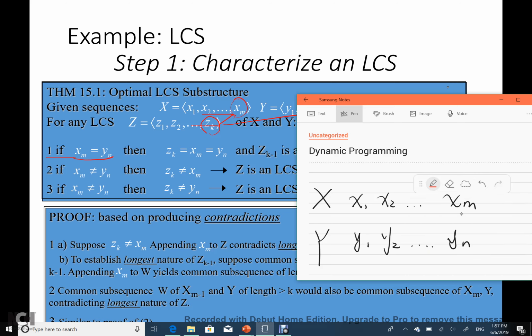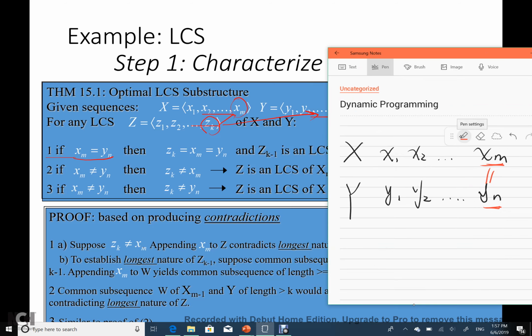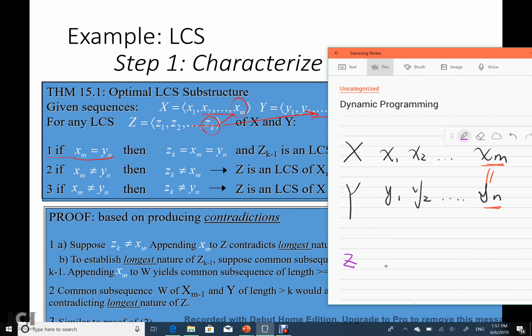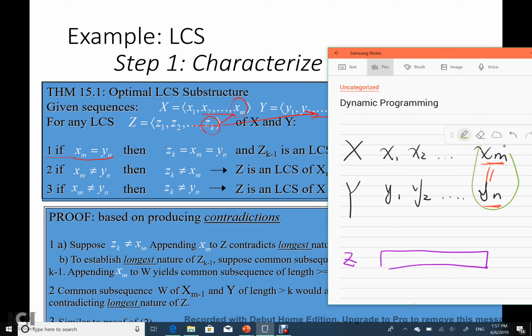Okay, so if xm and yn are equal, in that case we want to find the Z, right? If this happens, then we use the results of, because this makes a contribution, right? So this should be xm or yn.